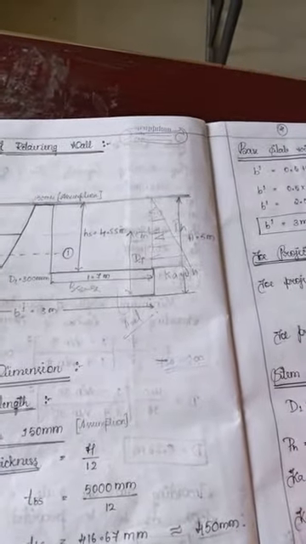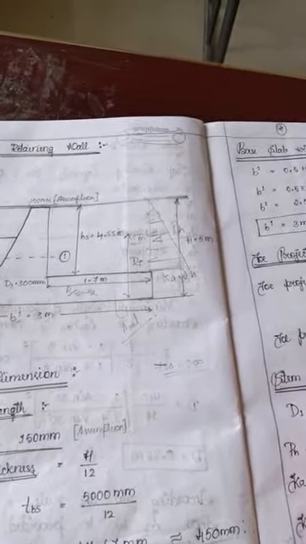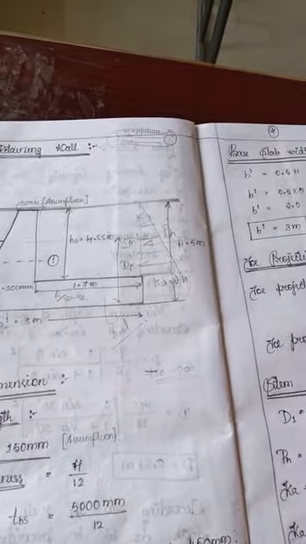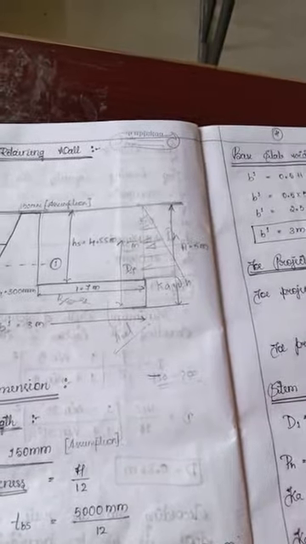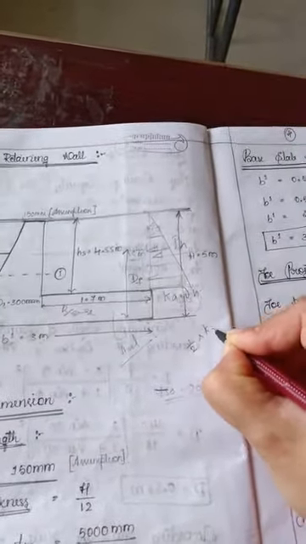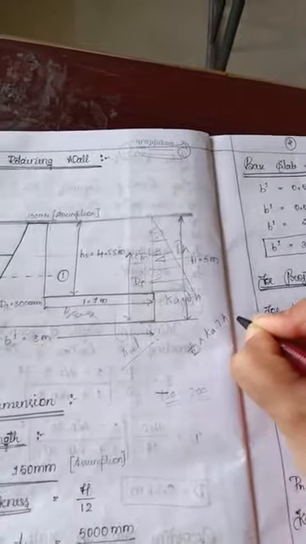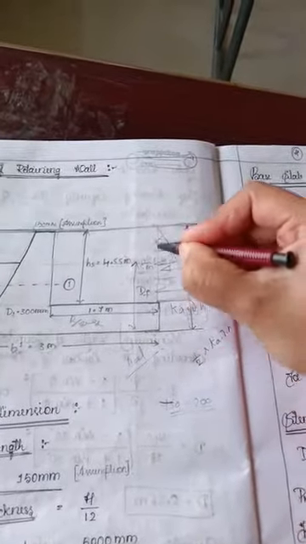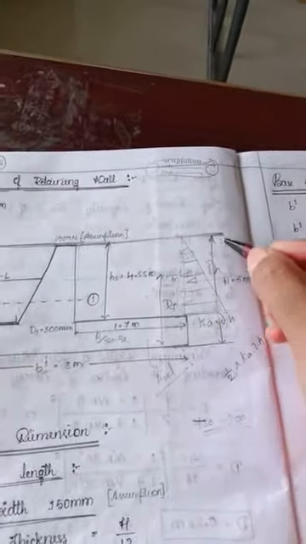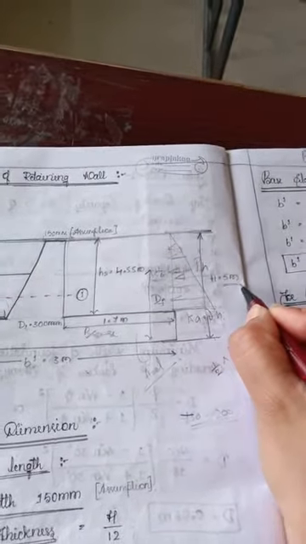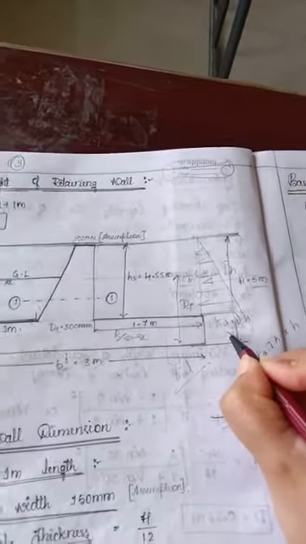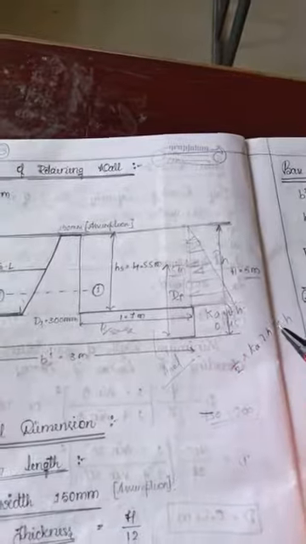To find the area of the triangle, which formula do we use? Half into base into height. Half into base is Ka into gamma into the height of the stem, h. The overall height is H equal to 5 meters.